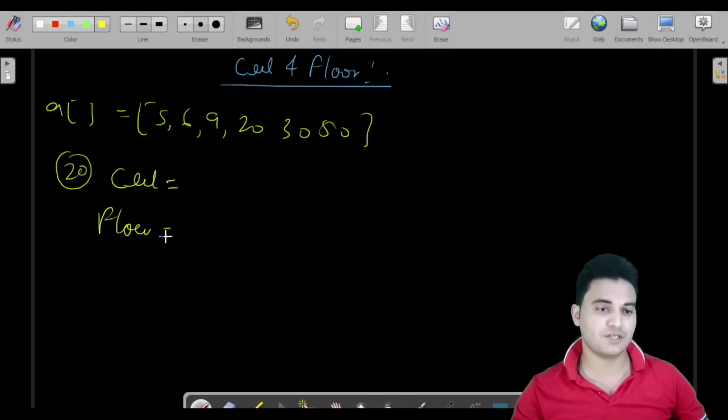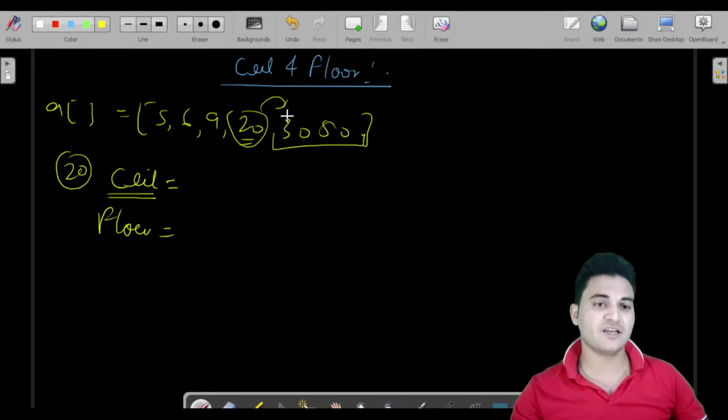So what are they? Let us say I have 20. Ceil, as the name suggests, is the next greater element, which is 30. Or you can say ceil is the minimum element after 20, the number which is minimum inside the range after 20.